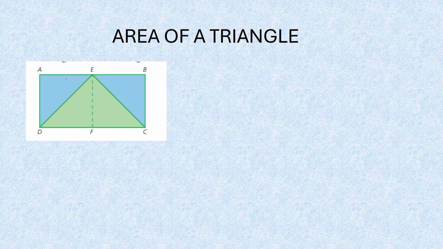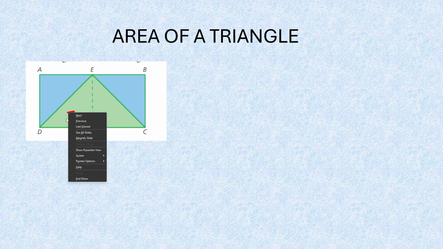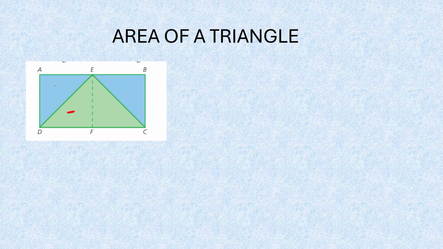Now we have further divided these two square blocks into equal triangles. So our equal triangles are AED, DEF, EFC and EBC. Now we can say that this triangle is half of this square.